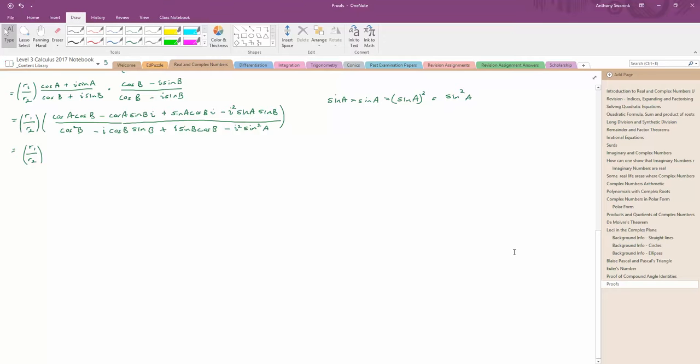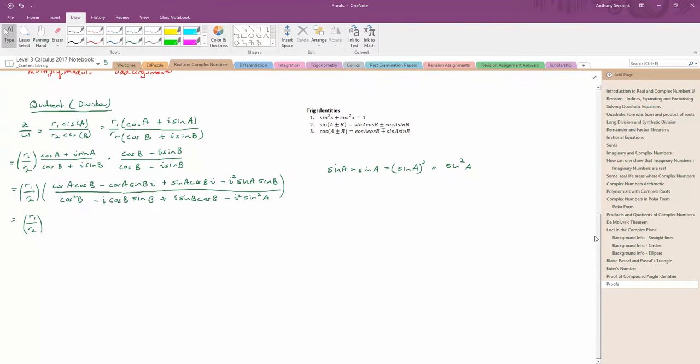Okay, so picking up from where we got up to previously and just explaining what I've done here. Let me just get my pen back here. Okay, so what I've done is I've taken this expression we had here, written it out, and now I'm multiplying by the conjugate of the bottom part.